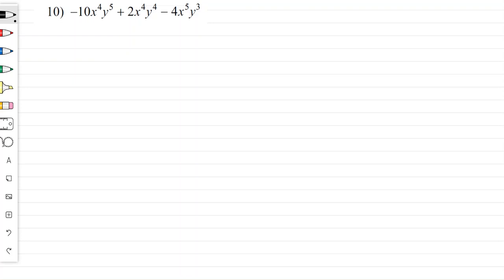All right, so this time I'm not going to do factor trees. I'm just going to go straight for prime factorizations. And I'm going to factor out negative 10 x to the fourth y to the fifth. So here we go. Well, I know negative 10 has a negative 1 in it, and 10 is 2 times 5, so I'm just going to go straight for that, 2 times 5, where every number is a prime factor.